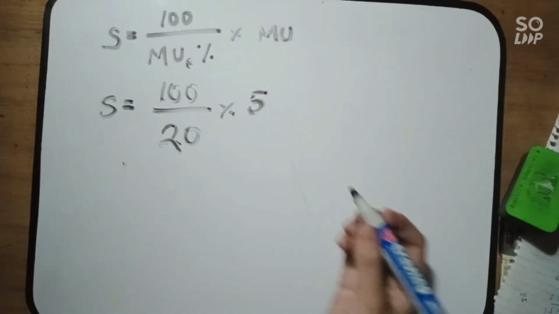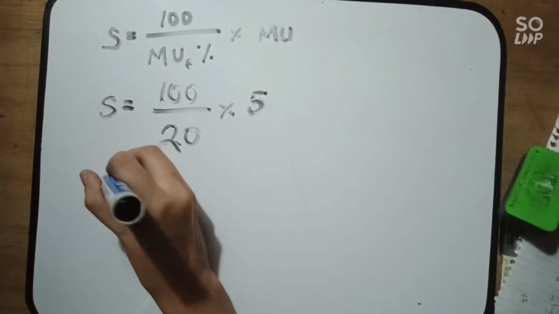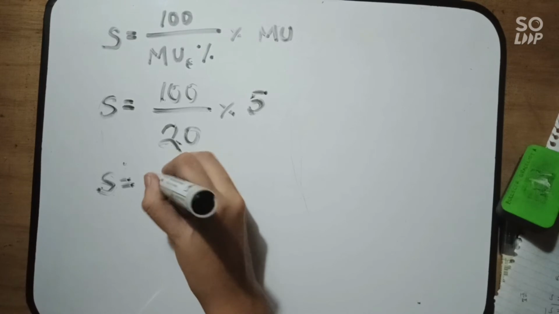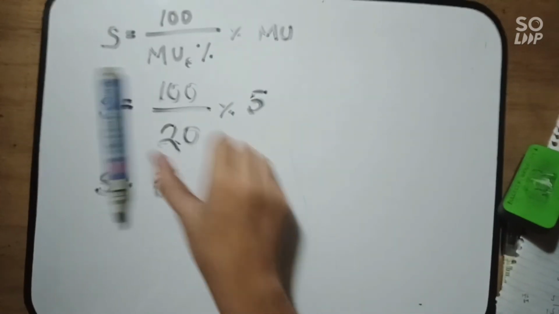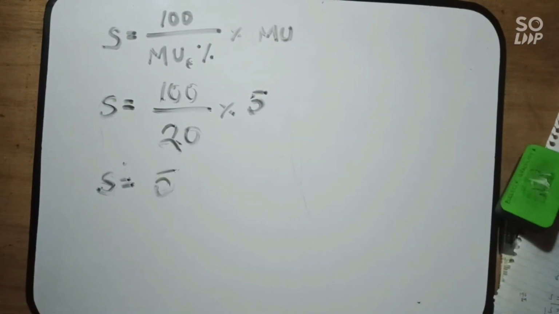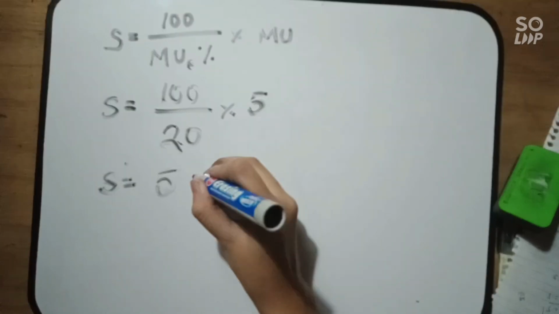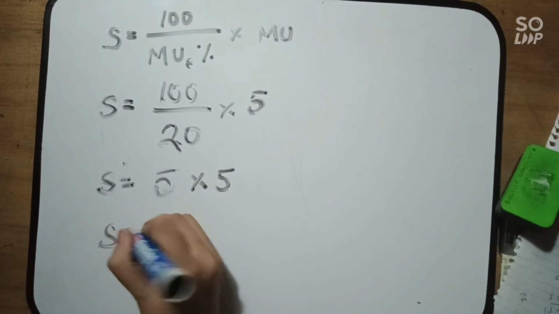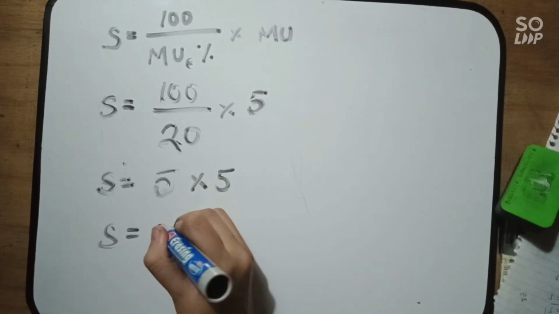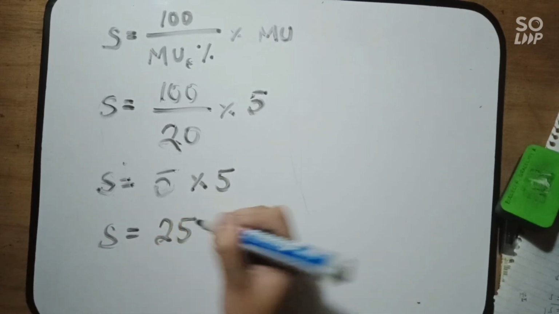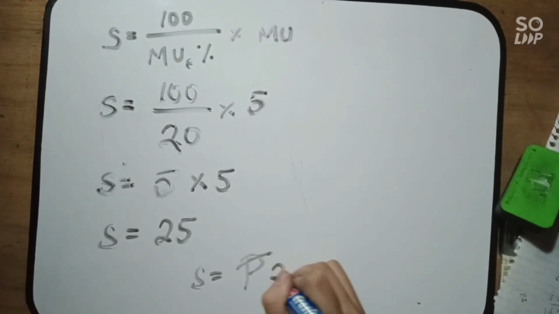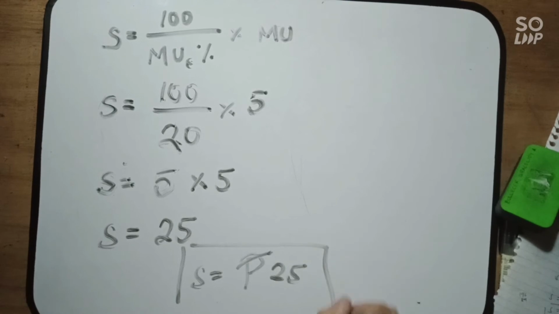So selling price equals 100 divided by 20, which is 5, times the markup, which is 5. The selling price would be 5 times 5 equals 25. Therefore, the selling price is 25 pesos.